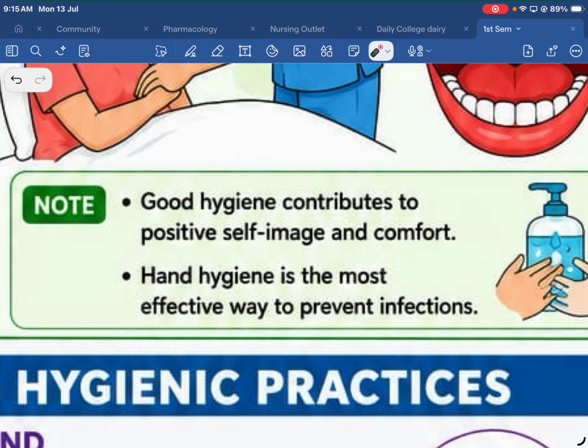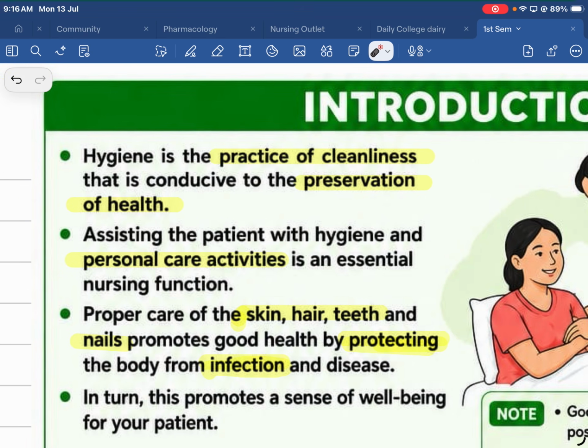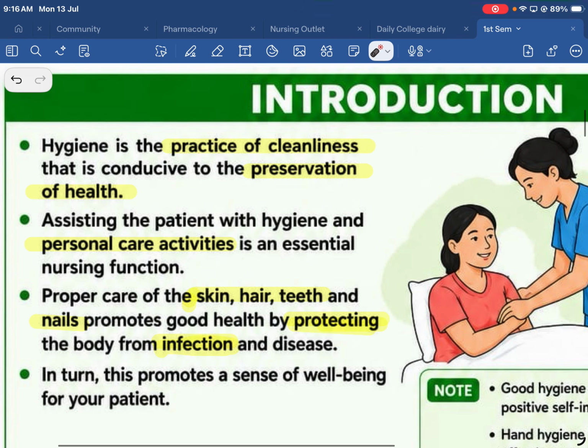If you have good hygiene practices like oral care and bathing, on a daily basis or according to your cultural practice, you maintain a positive self image and are comfortable to talk and communicate, right? So now we will see the introduction part of hygiene.